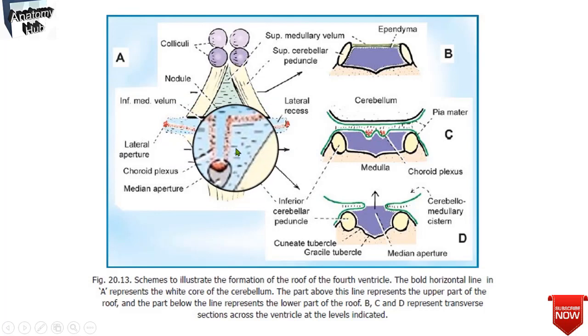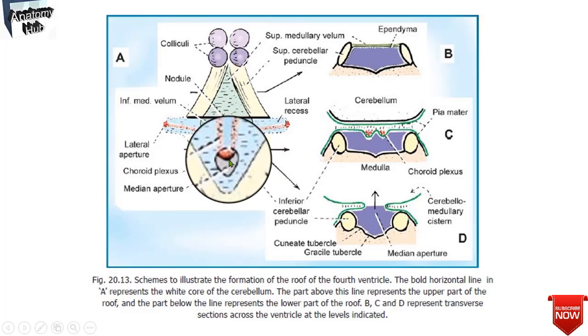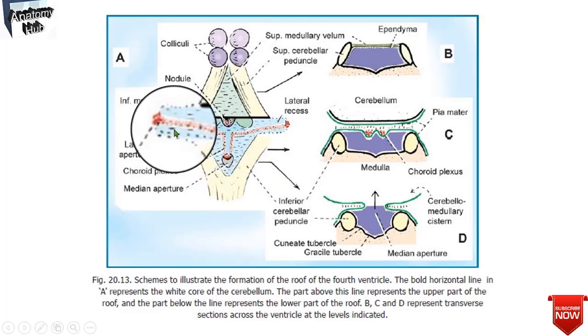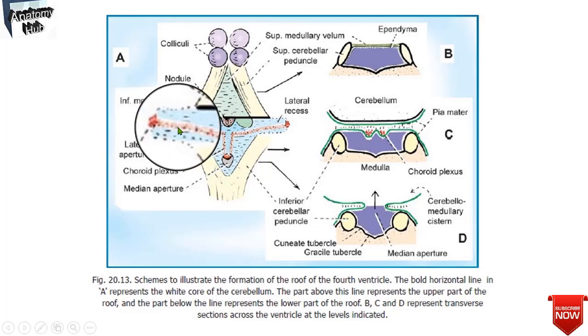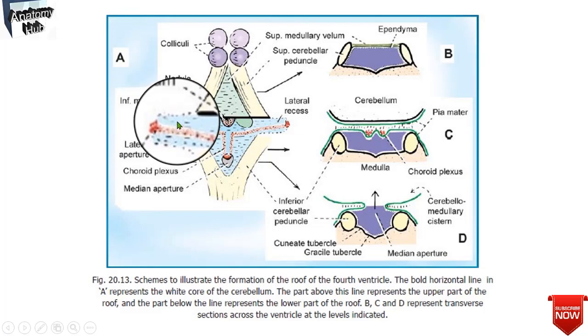The lower end of the vertical limb reaches the median aperture and projects into the subarachnoid space through it. The lateral end of the horizontal limb reaches the lateral aperture and can be seen on the surface of the brain near the flocculus.